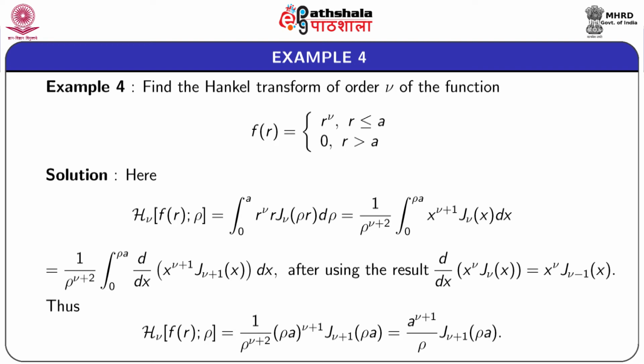So, we write the Hankel transform of order nu of the function f(r) as integral from 0 to a r to the power nu r J nu rho r dr, which is equal to 1 by rho to the power nu plus 2 integral from 0 to rho a x to the power nu plus 1 J nu x dx, where we have substituted x for rho r, and this is equal to 1 by rho to the power nu plus 2 integral from 0 to rho a d/dx of x to the power nu plus 1 into J nu plus 1 x.